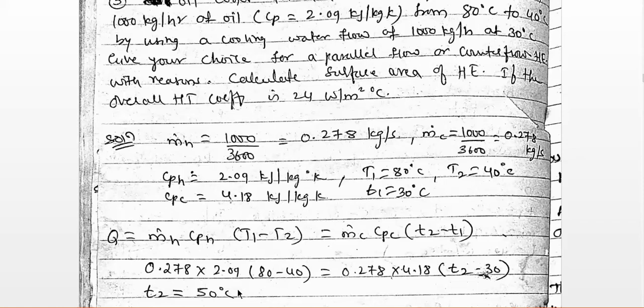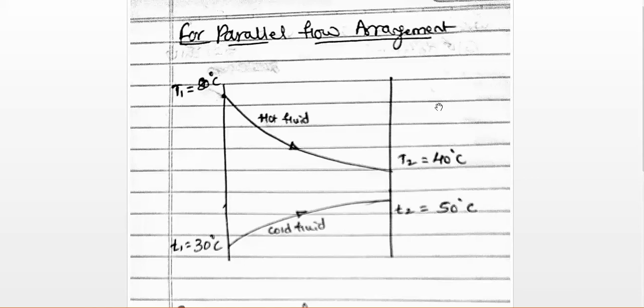Okay, so we have obtained all the temperature values of both the hot fluid and the cold fluid. Now we will check which is the most suitable heat exchanger for these given temperatures, T1 and T2 for the hot fluid and t1 and t2 for the cold fluid. For the parallel flow arrangement, this is the temperature distribution diagram.